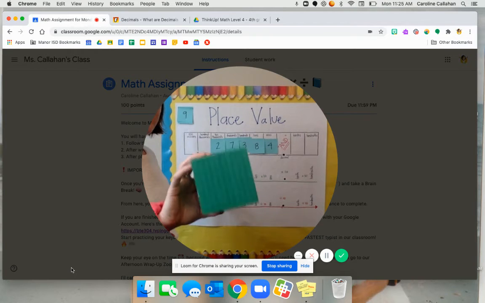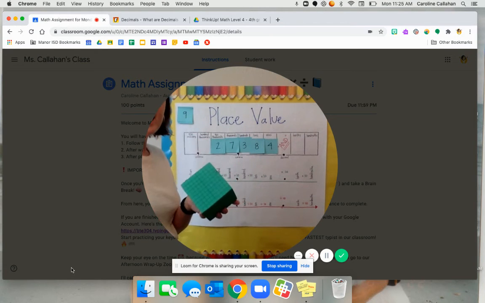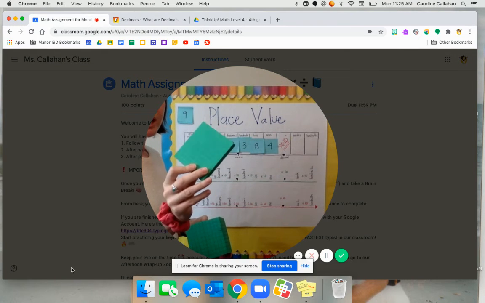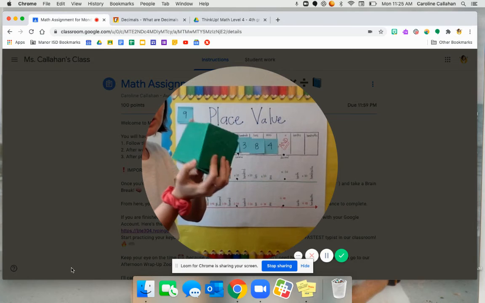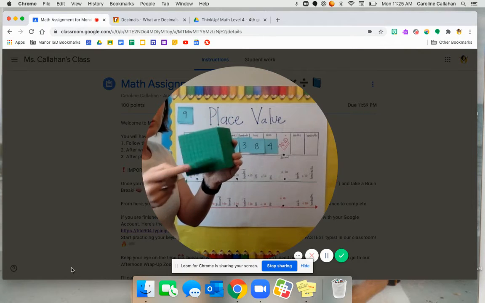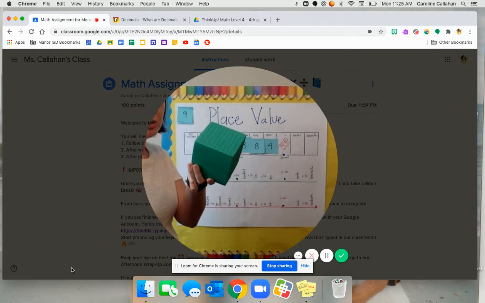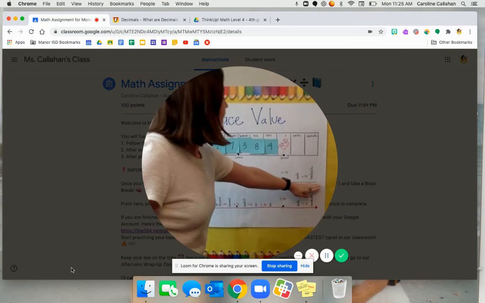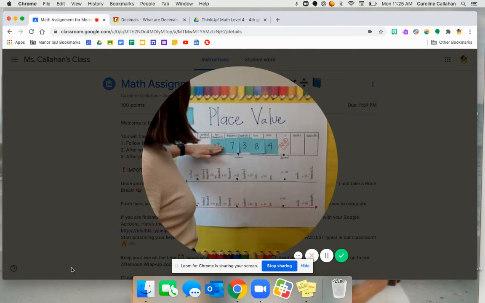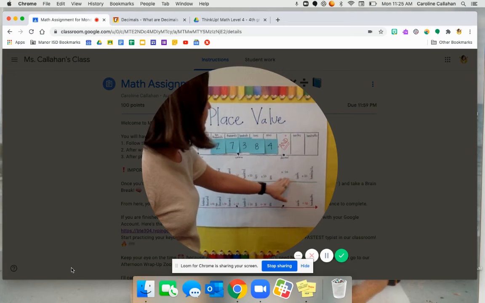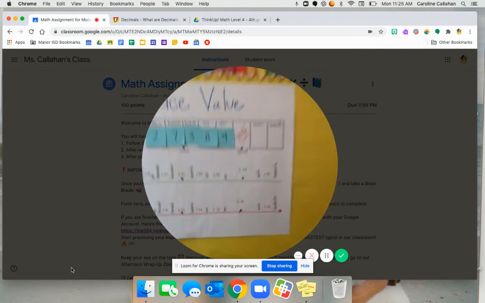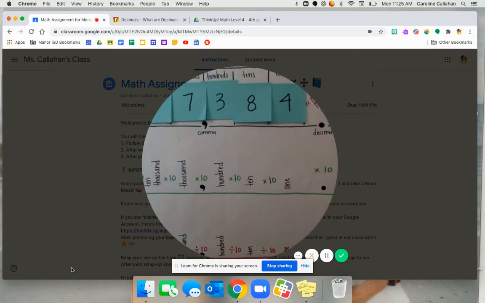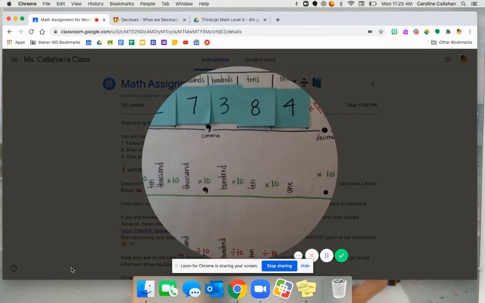So 1,000 is 10 times greater than 100. When we look at 1,000, there are 10 hundreds flats in one of these huge, ginormous cubes. So today what I really wanted to go over was the fact that as we move from right to left, the values become 10 times greater. And I'm going to bring it a little bit closer so that you're able to see that. Okay, so 10 is 10 times greater than 1.